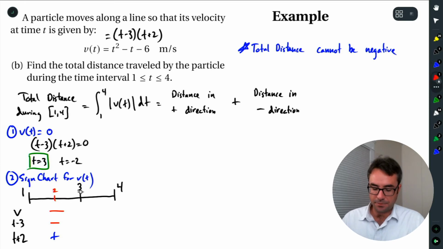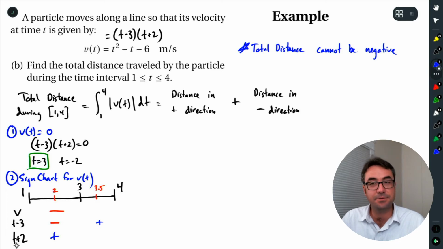And then from 3 to 4, pick a test number inside that. So maybe like 3.5. And then plug it into each of these factors. 3.5 into here, I get 3.5 minus 3, which is positive. And then 3.5 down here is positive 5.5, so another positive.